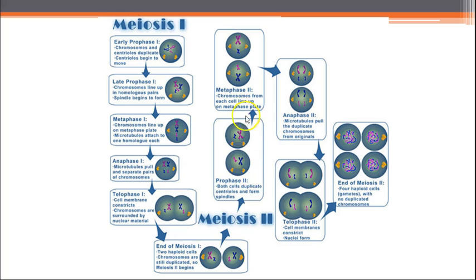And then prophase 2 starts, right? And then you have metaphase 2, and in this case, you're going to have the chromosomes line up, right? And then they're going to be split in half. So by telophase, you have 1 chromosome in each of the new resulting cells at the end of meiosis 2.